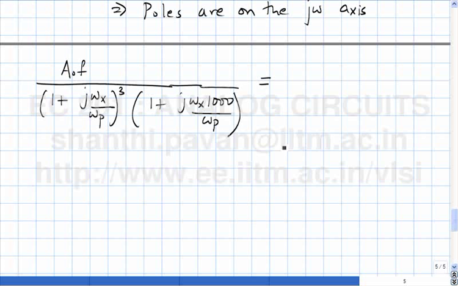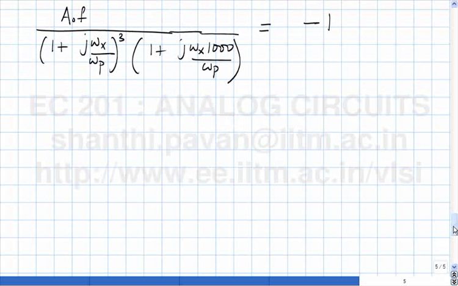This value must reduce to minus 1. Correct? So there is clearly a magnitude criterion and a phase criterion. What is the phase response telling you? So the phase of the loop gain must be equal to 180 degrees at omega equal to omega x.